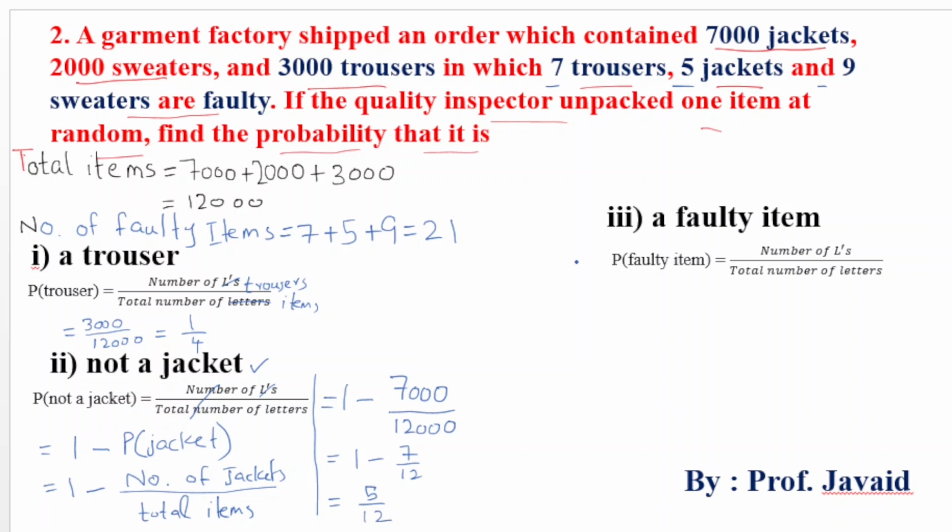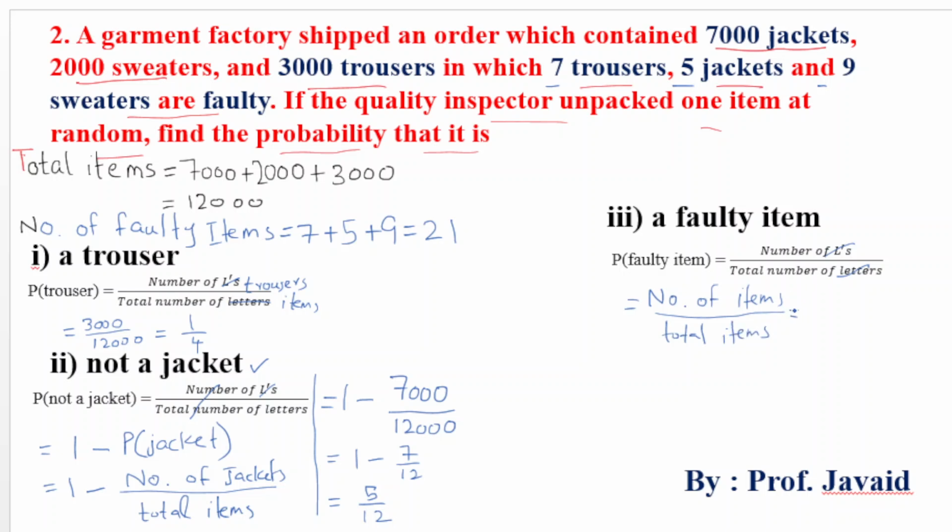I hope you understand. Now, the probability of faulty items. So the number of faulty items divided by the total items. I just write the formula again, so don't worry about that.